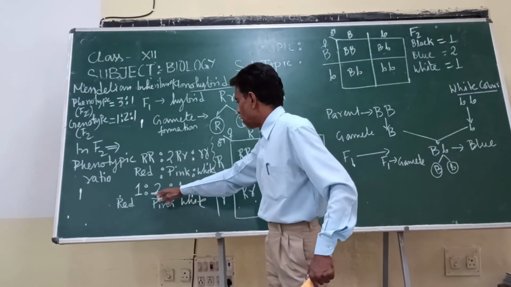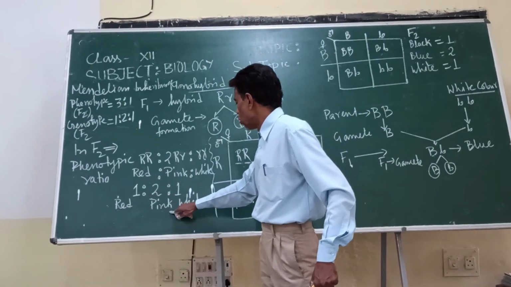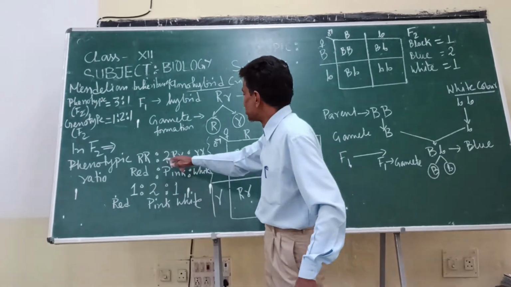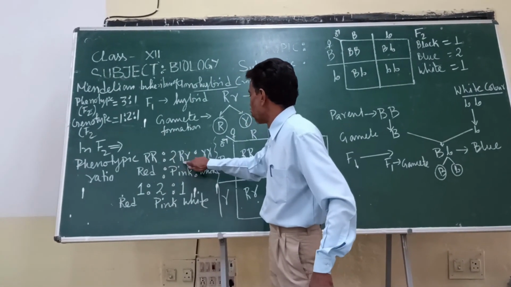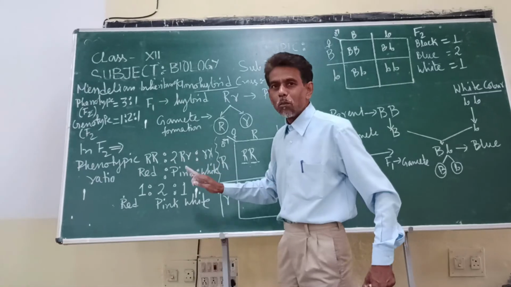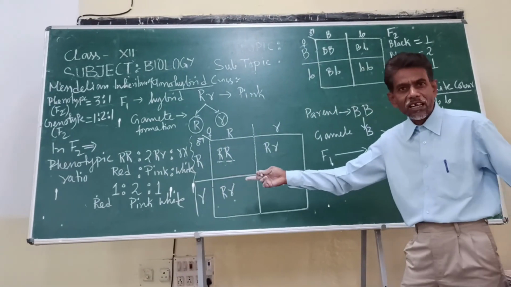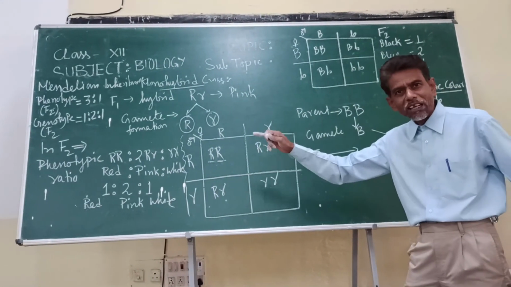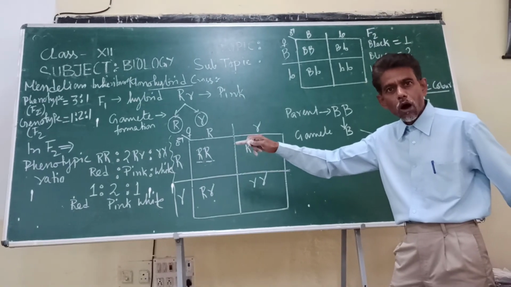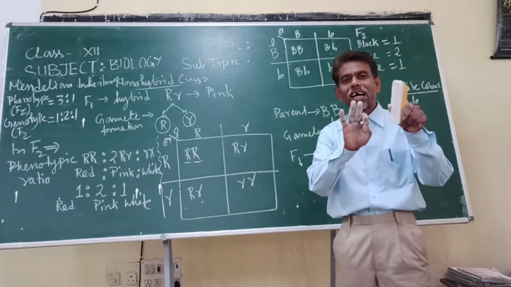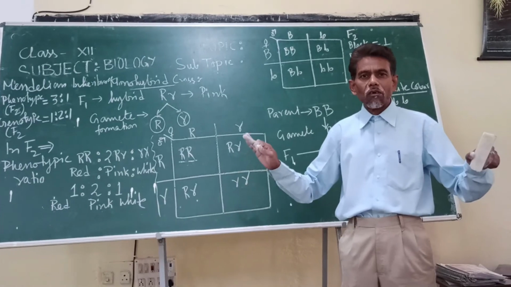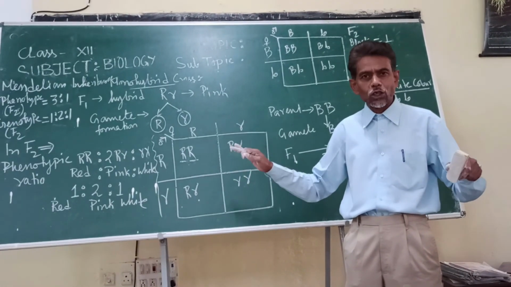Here the phenotype is 1 red, 2 pink, 1 white, and the genotype is also 1 red, 2 pink, 1 white. So in non-Mendelian inheritance, both phenotype and genotype of the F2 generation are exactly the same in the form of 1:2:1 ratio.